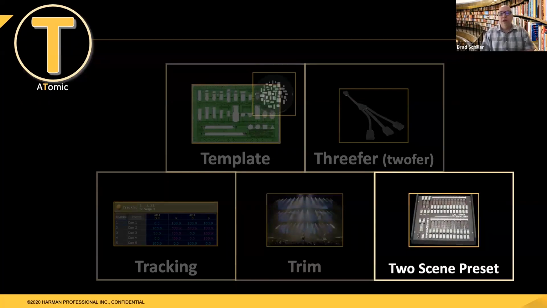Two-scene preset is a type of lighting controller that allows you to adjust on 2 different areas on the console, adjust different parameters or values or faders, and then you can crossfade between them with one general big fader. Typically, this is an older type of lighting console used with conventional lighting, where you would have a piece of paper, you would set all your values on the A section of your two-scene preset, and that would be live on stage.